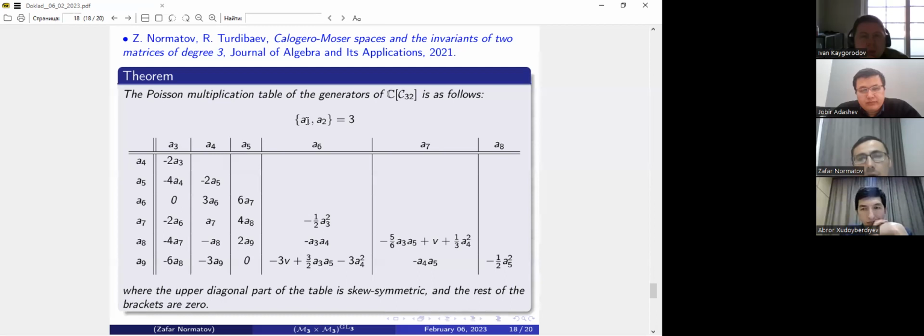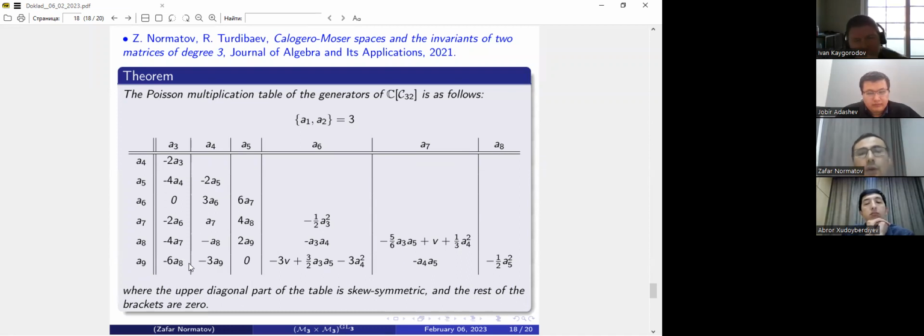A1 is the trace of X, A2 is the trace of Y. A3 is the trace of A square, A4 is the trace of AB, A5 is the trace of B square, A6 is the trace of A cube, A7 is the trace of A square B, A8 is the trace of AB square, and A9 is the trace of B cube.